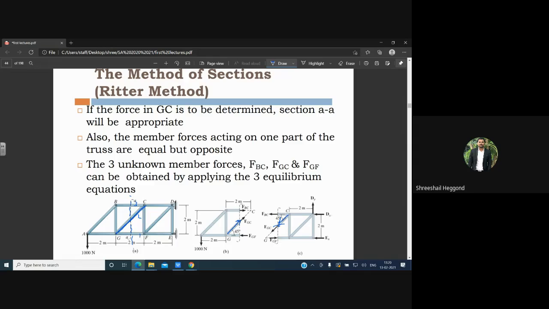Just for example, it is shown as if A is a complete truss, from that you can divide at the center, that is between B and C, as well as G and C, as well as G and F. You can find out the member forces in GC, BC, and GF by considering 2 separate parts of the truss. Okay, these are the steps for calculating the member forces.